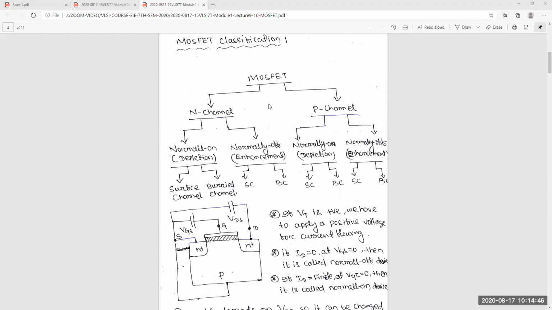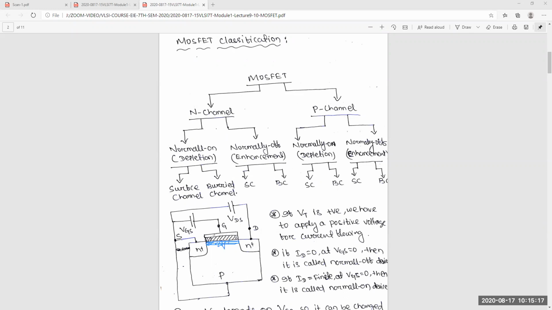In the surface channel, the channel is at the surface only. But in the buried channel, you have to implant or dope some charges in this region, so the channel extends in this direction.